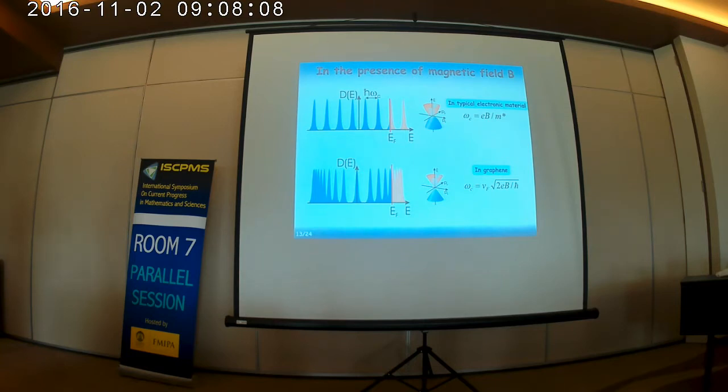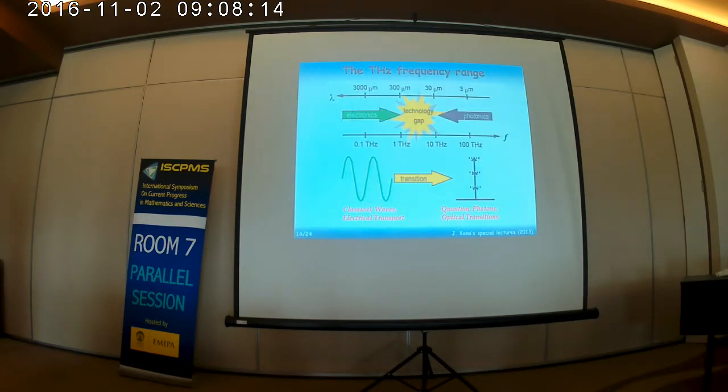And the optical technique I'm using is terahertz spectroscopy. Terahertz is a very interesting frequency range. Below 0.1 terahertz, that's 100 gigahertz, we have very well developed technology, very mature electronic devices and silicon devices.